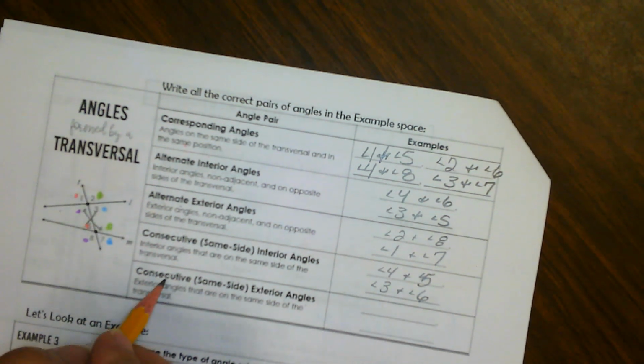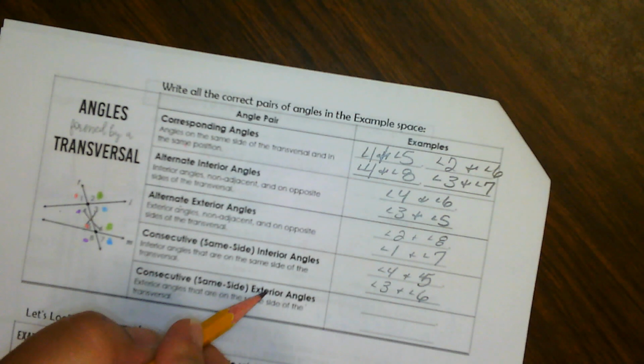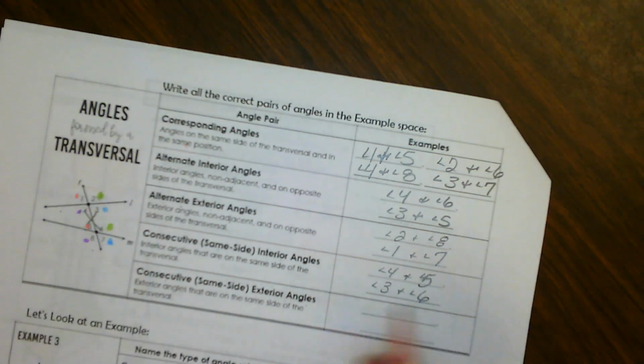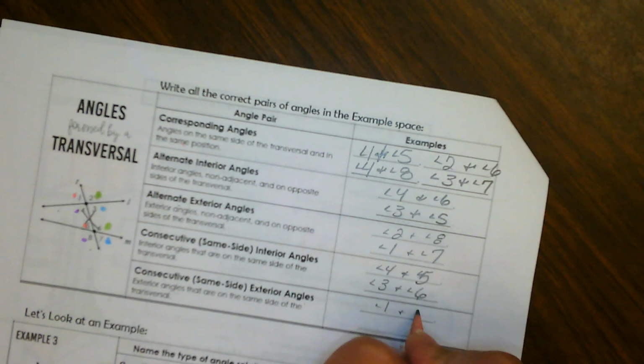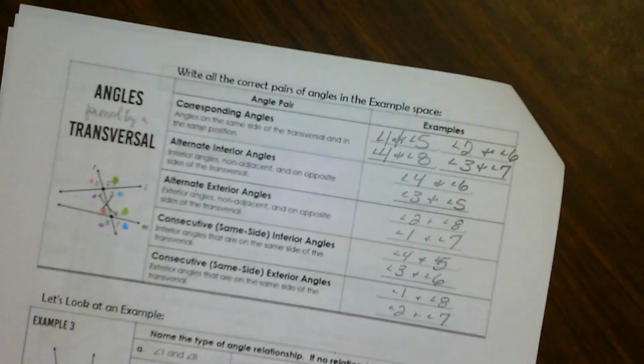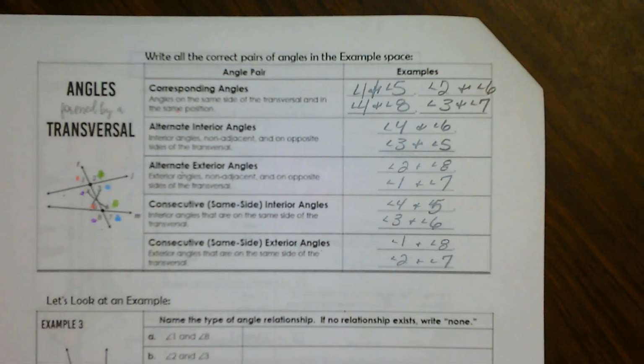Now we're going to go to consecutive exterior, 1 and 8, and 2 and 7.